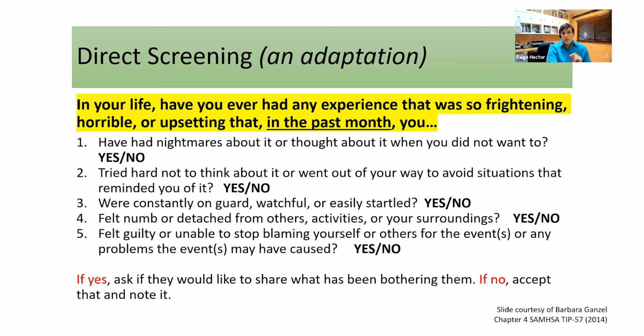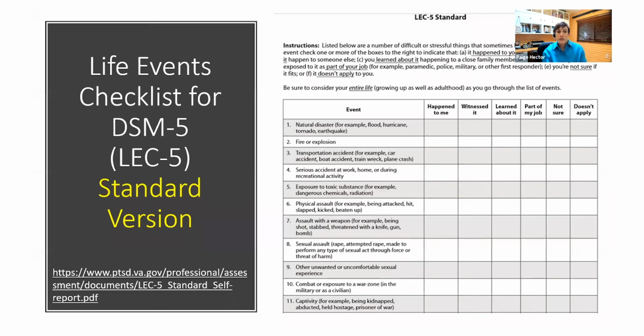Now, in contrast, I want to show you something different. What I've been talking about here is screening for current symptoms and not the trauma event itself. Let me show you another tool that is more focused on the events itself. This is another well-known tool. This is not one that I believe belongs in the long-term care setting, okay? It's the Life Events Checklist.